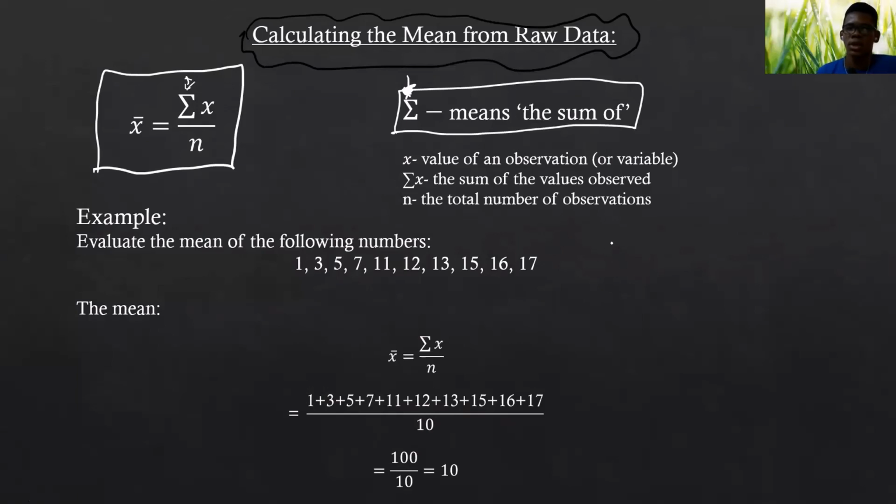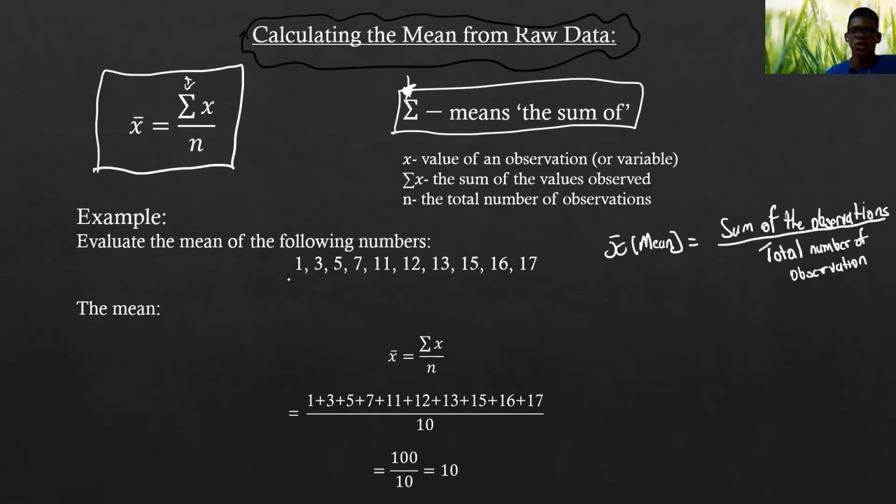Now, I'll write it out in words. So mean: the sum would be adding all these numbers together, and the total would be counting how many numbers there are. So 1, 2, 3, 4, 5, 6, 7, 8, 9, 10. 10 observations.